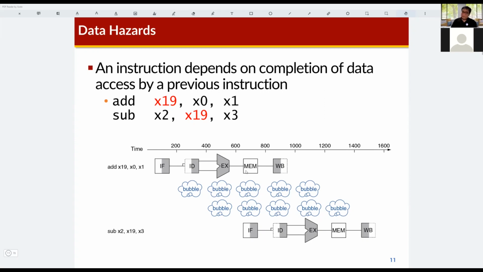So data dependencies are frequently observed in normal applications, and due to this data dependency, data hazard can happen in the processor.